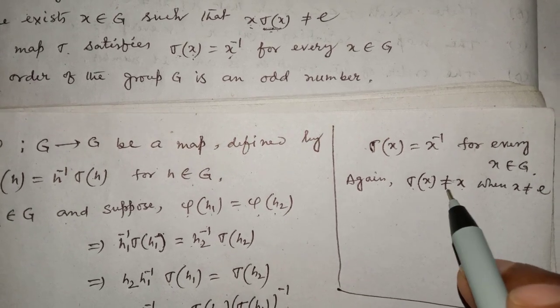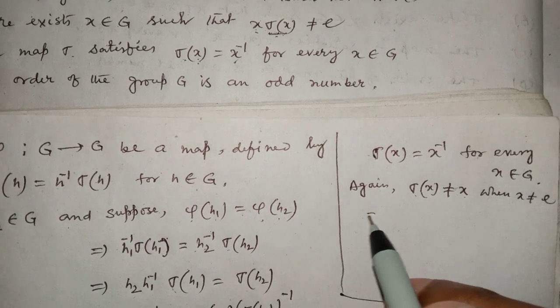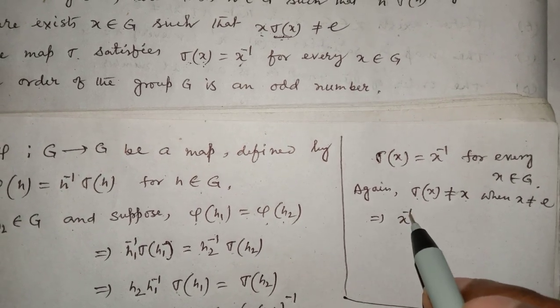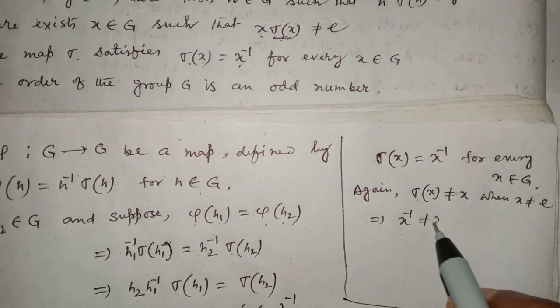So sigma x is not equal to x. This implies x inverse is not equal to x.